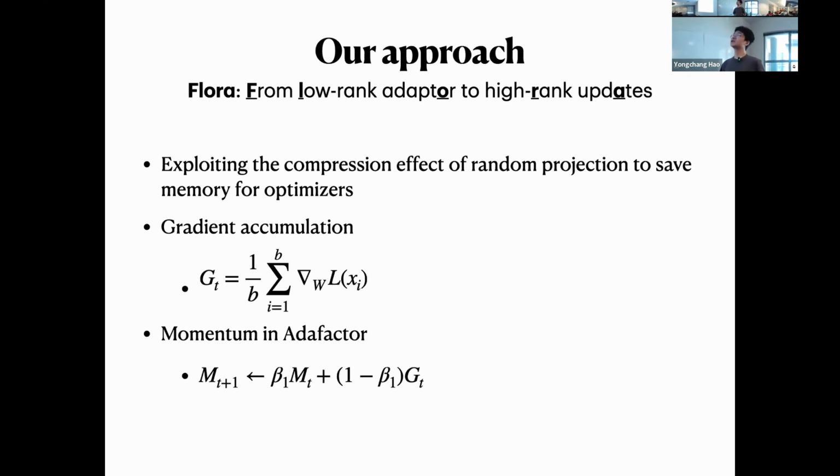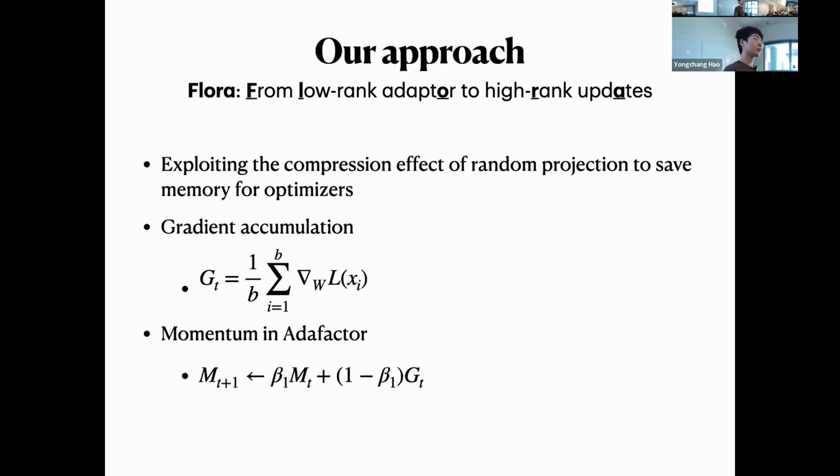So to apply this in deep learning scenarios, we found two ideal cases. One is gradient accumulation, where for original gradient calculation, you probably have a batch of facts in the forward pass, but that will take a lot of memory to store the activation. If you want to reduce that, you can use gradient accumulation and take the average to approximate the gradient.